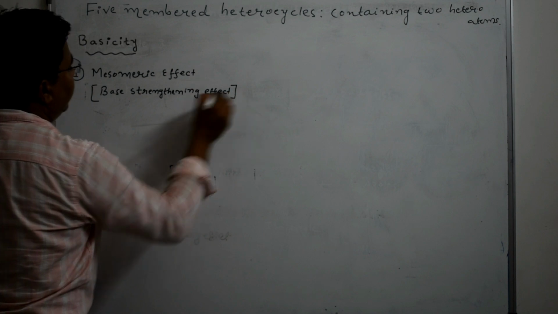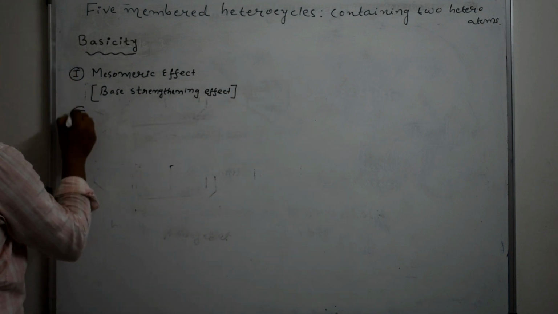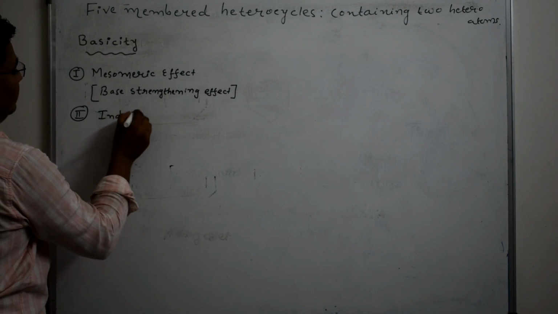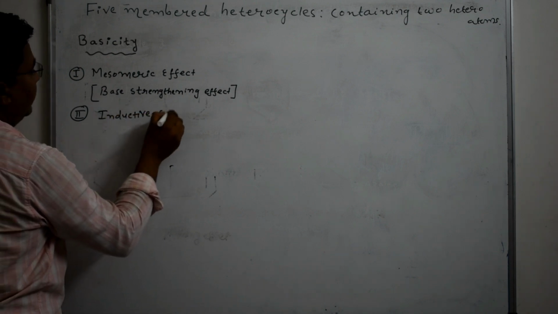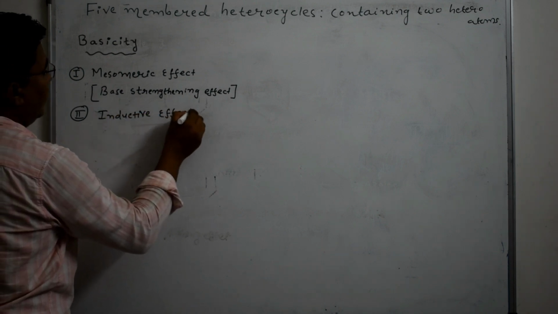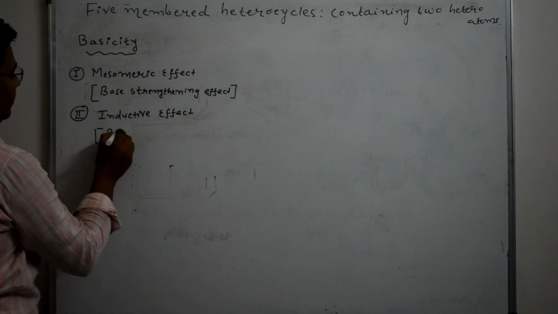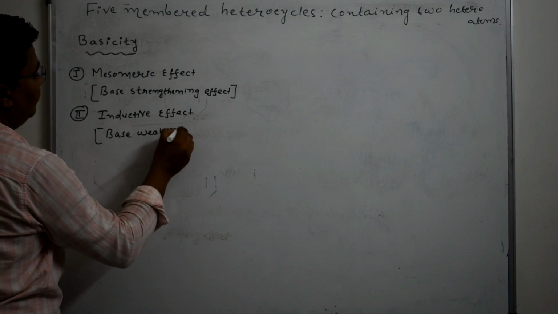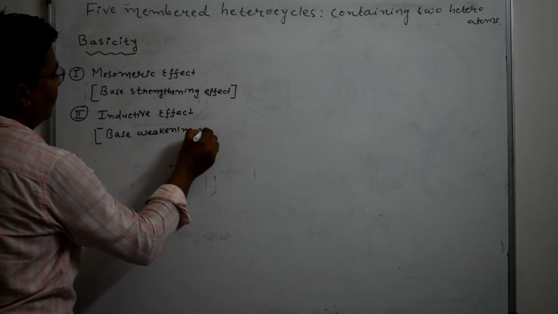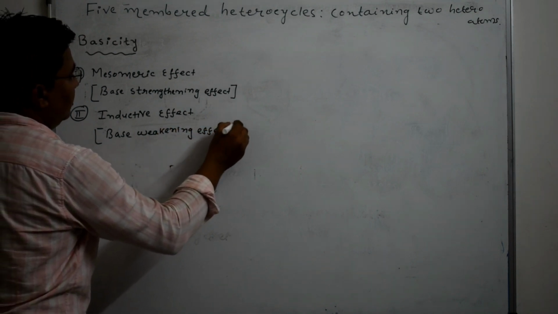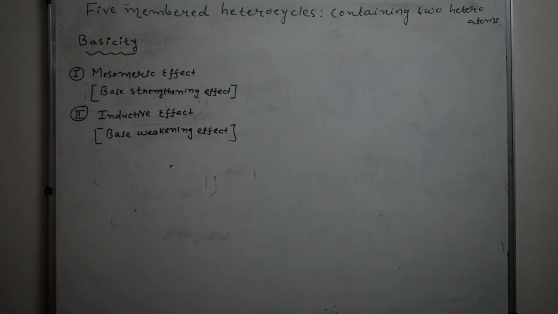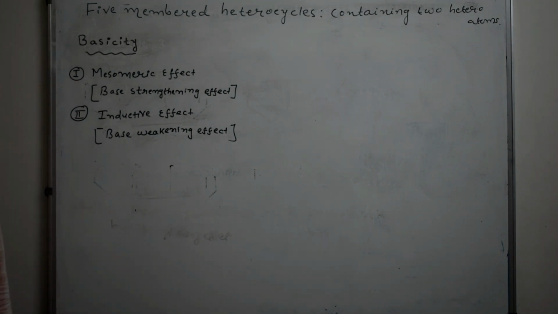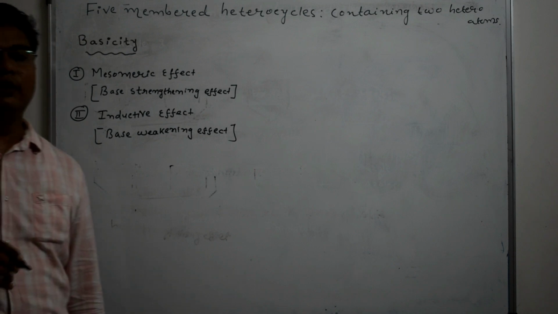The other effect is called the inductive effect. It acts as a base weakening effect. Now if we see the structure of 1,3-azole and 1,2-azole, we come to know that in a 1,2-azole the inductive effect is dominant.